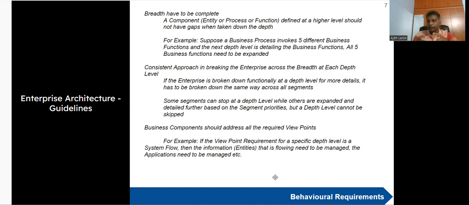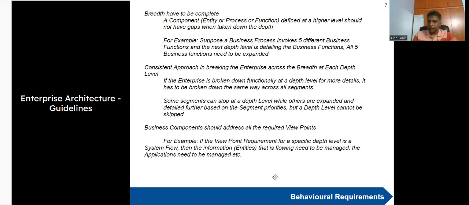Otherwise, we may not have traceability across the segments, and we may not be able to map one component to another component in another segment. So from one level to the next level, we can break it down functionally, but then all the segments should be broken down functionally. When we go to the next depth level, we can break it down by type of application, or the technology, or whatever way we want to do. But that way of breaking it down should be common across all the breadth.